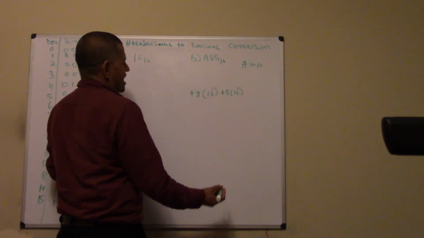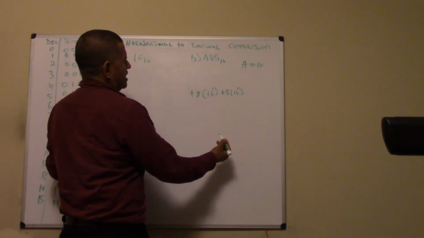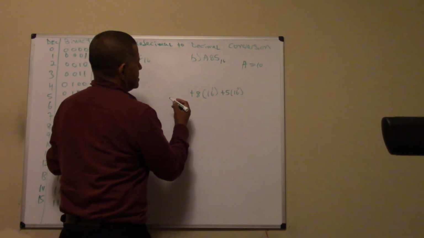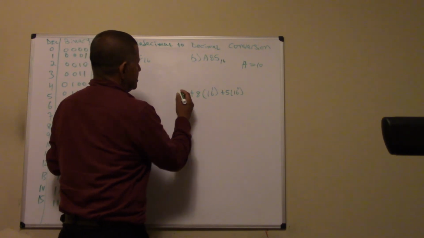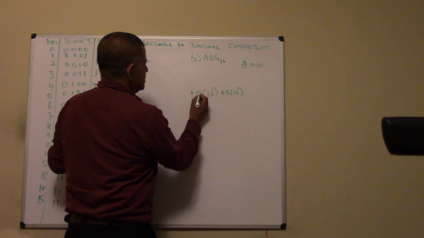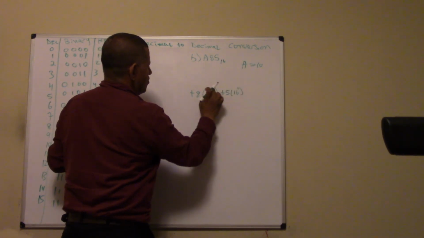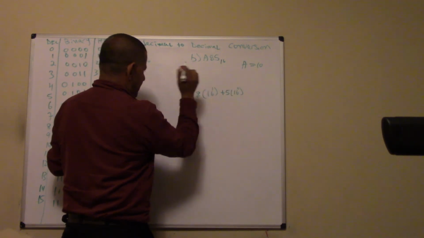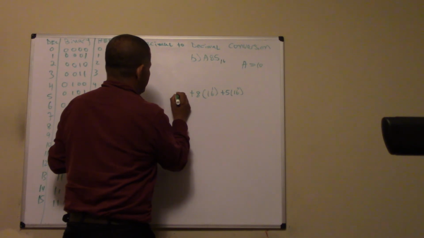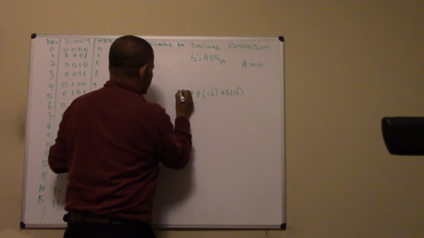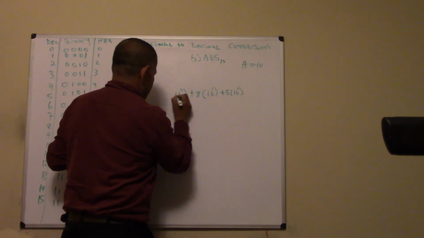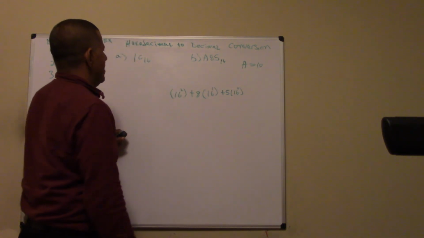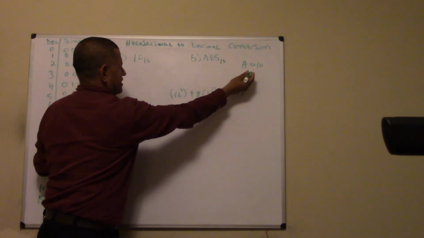Now I have to actually go back and say 16, right? So this is, remember, power of 0, 1, and then it's going to be 2. So it's going to be 16 to the second power times what? Times 10, right?